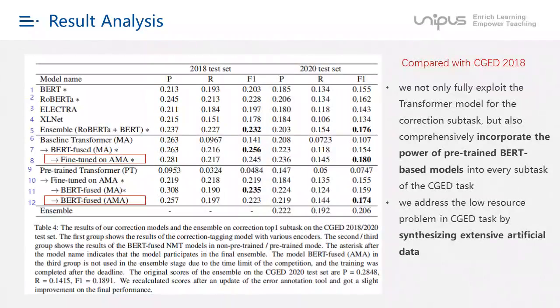What's more, if we compare Model 6 with Model 7, we can see a huge improvement in F1 score while both of them use the same amount of manually labeled data as training set. In my opinion, the BERT-fused model performs well in overcoming data sparsity. Secondly, the CGED task can benefit from synthetic data.